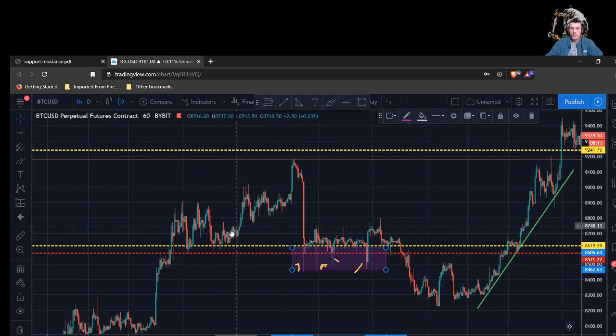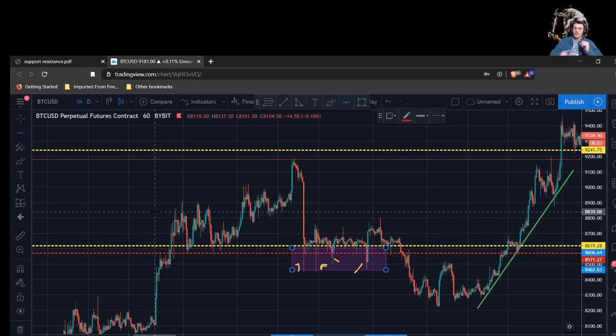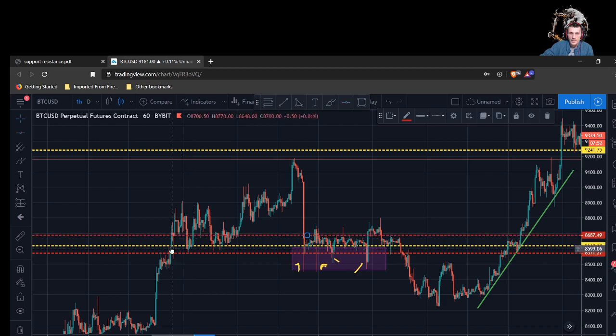But this is where it helps to go in, like I said at the beginning of the video, and mark out the most obvious points of your support and resistance. And you can change your colors. I like my support to be green and my resistance to be red. It's just easier to decipher that way when you're looking at the chart. But you can see here, that's support or that's resistance.